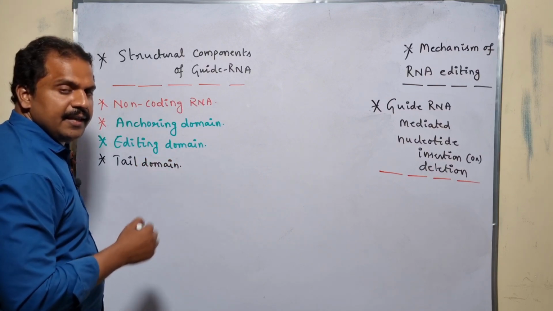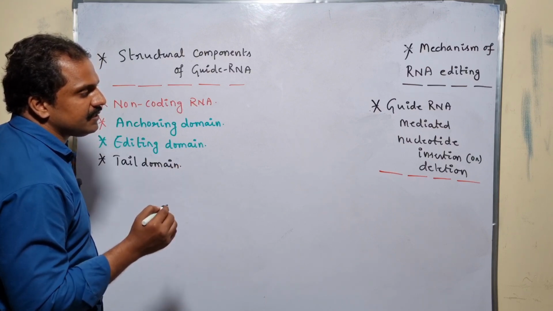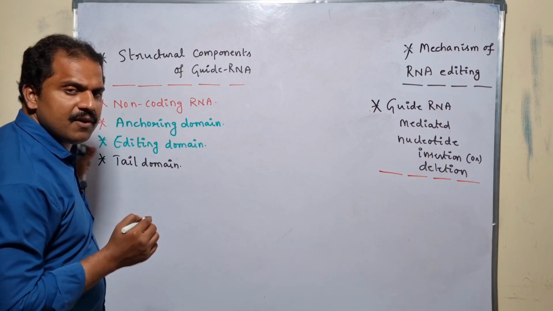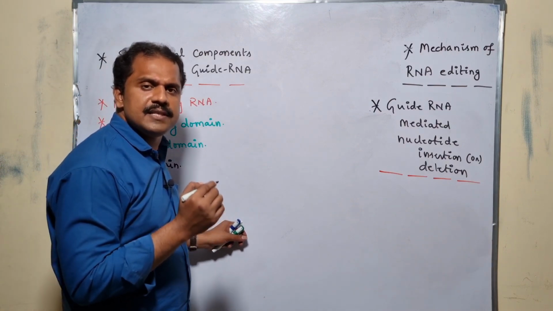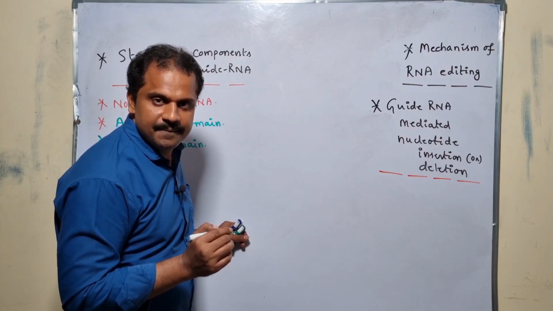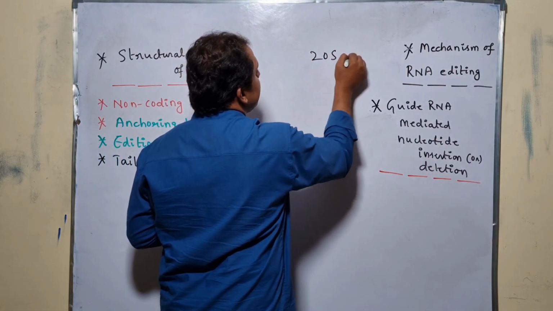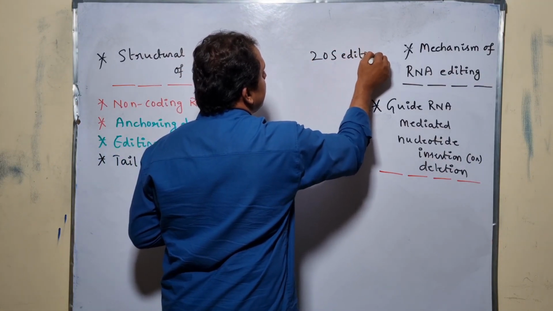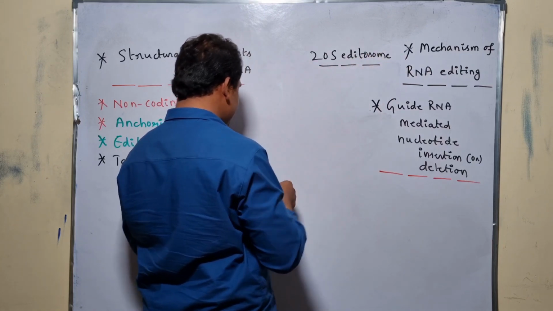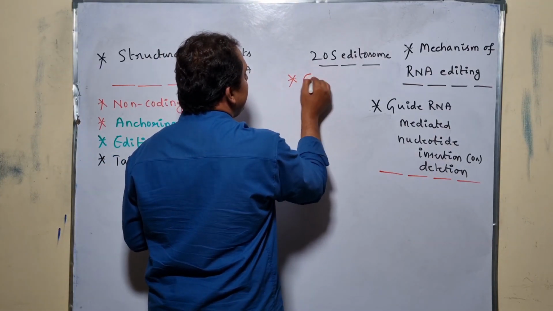Is it clear? And here in order to organize the guide RNA mediated nucleotide insertion or deletion, the specific process takes the advantage of a specific complex which is nothing but the 20S editosome. Is it clear? So here the 20S editosome is an association of three different enzymes. What are those?